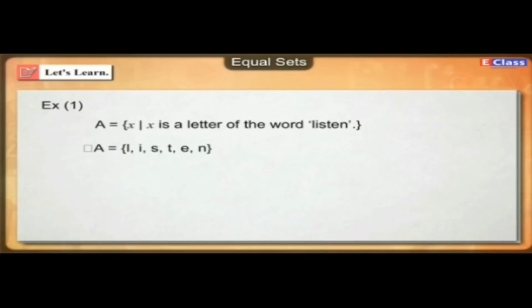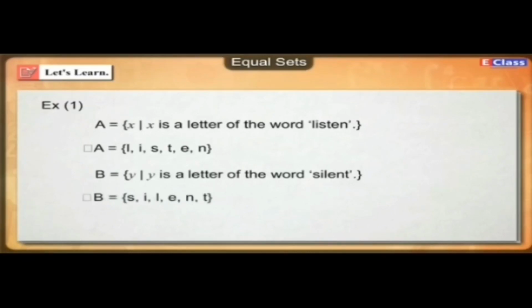Now if there is one more set B which is having all the y's such that y is a letter of the word silent, again in the listing method B can be written as B = {S, I, L, E, N, T}. Now if you observe, they are equal though the elements of set A and B are not in the same order, but all the elements are identical.